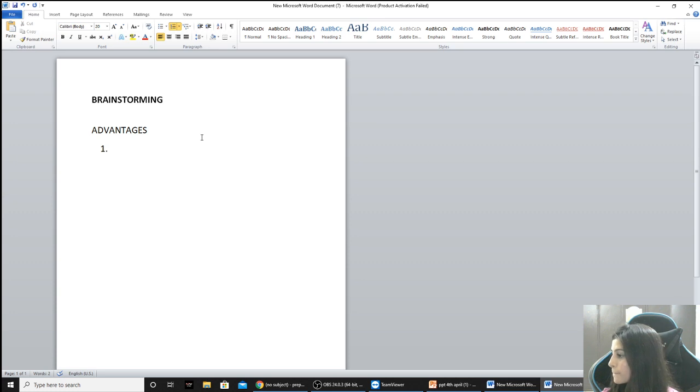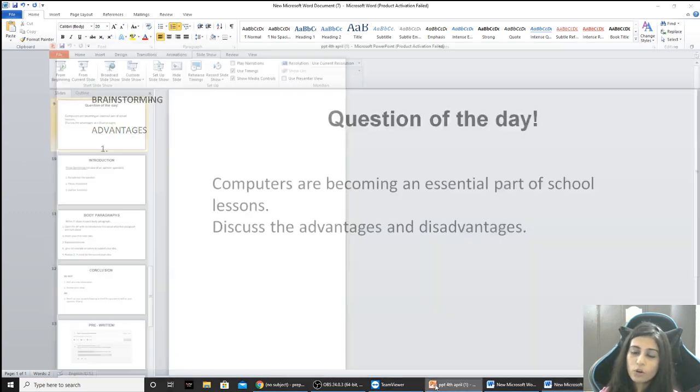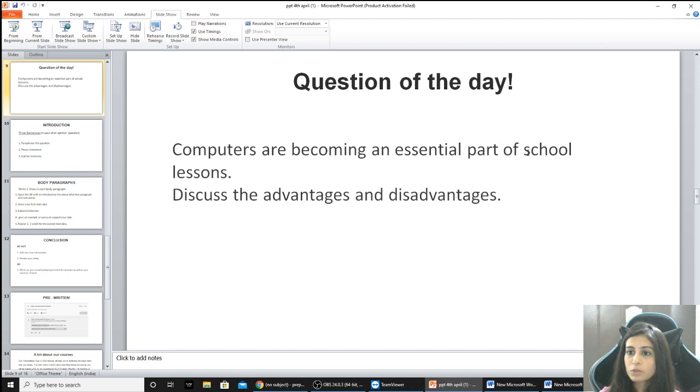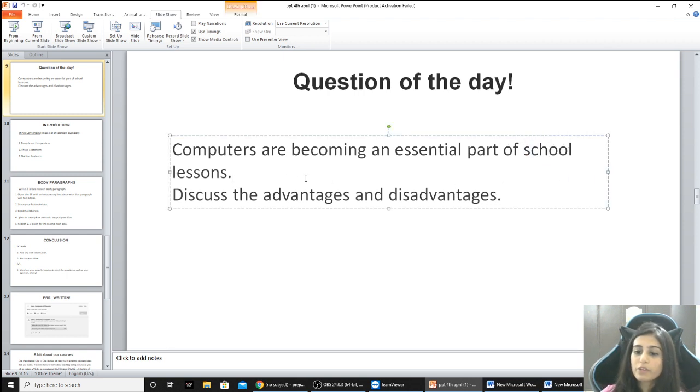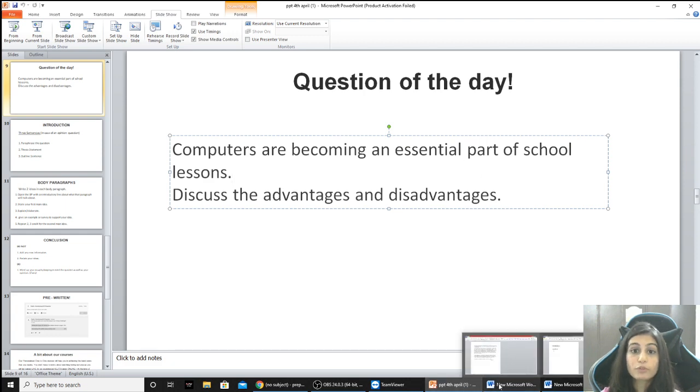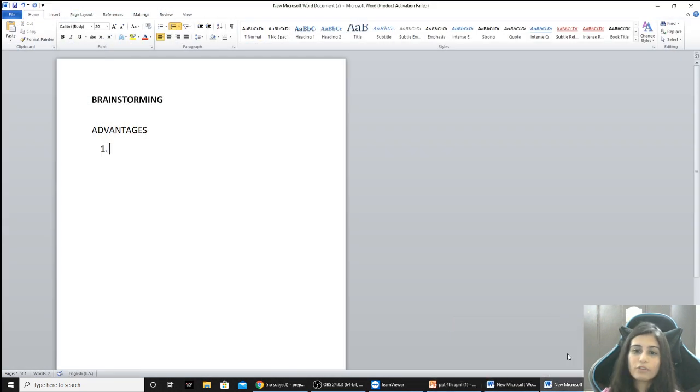Good. Helpful for games and e-library. Pachu. Okay, so where did games come from? School lessons is the keyword. So school, how is it beneficial when it comes to your schools? You have to tell about that. You don't have to go anywhere else. Schools alone. Convenient interactive method of learning.